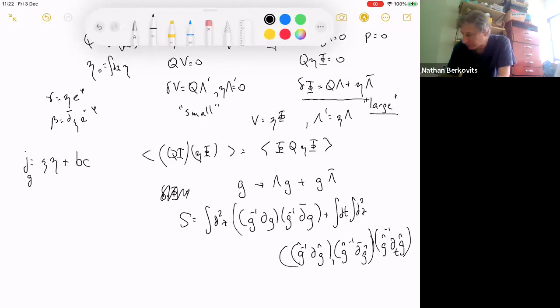So the action is of this form, where G hat is a function of t, which has the property that when t equals 0 it's equal to 1, and it's equal to G when t equals 1.